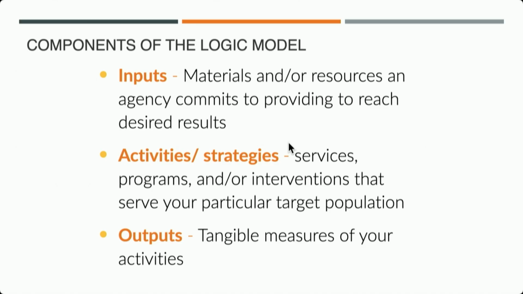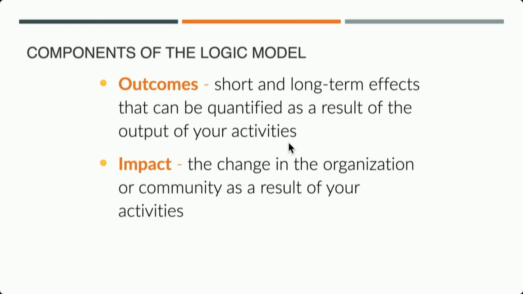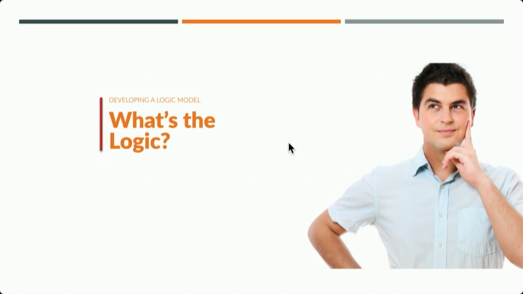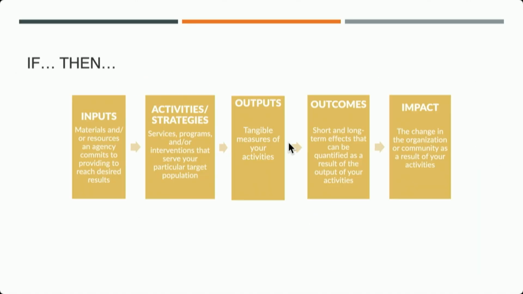Your activities are the strategies, services, the interventions that you put into this. We talked about that. The outputs are how they will tangibly measure what you've actually put in. And of course, the outcomes, we talked about that earlier, short and long-term effects. And the impact will be the change in the organization or the community as a result of your activities. So that's what that is.